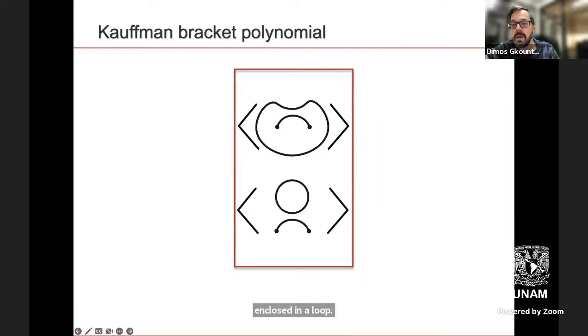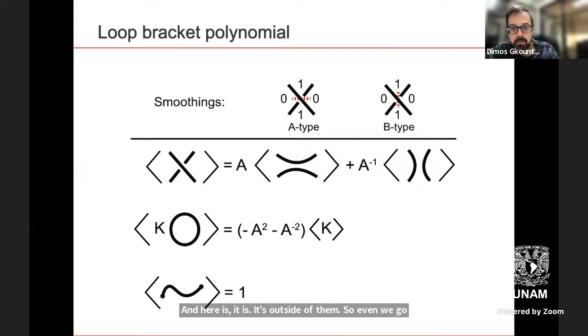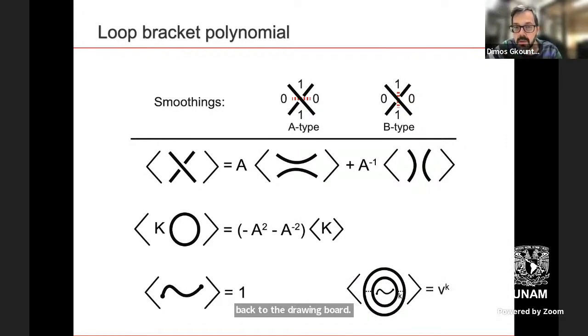So if we go back to the drawing board here, we just need to add an extra rule. We need to add an extra variable to our Kauffman bracket. We call it now the loop bracket polynomial. And this variable keeps track of how many loops encircle our long segment. So if I have k loops around the long segment, then this variable will take a power of k.